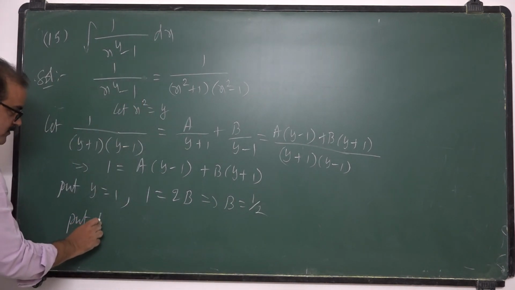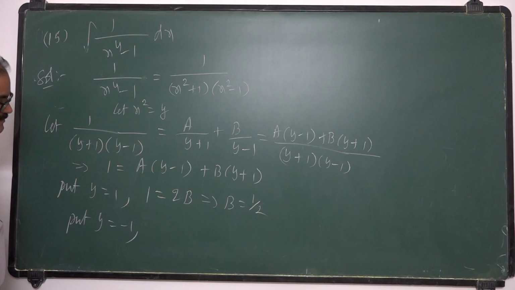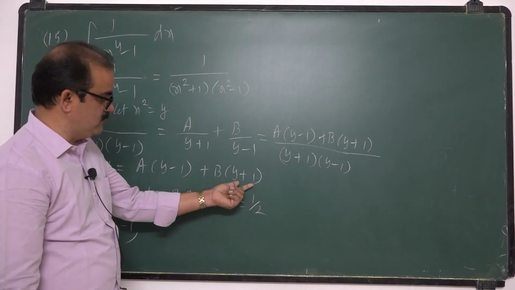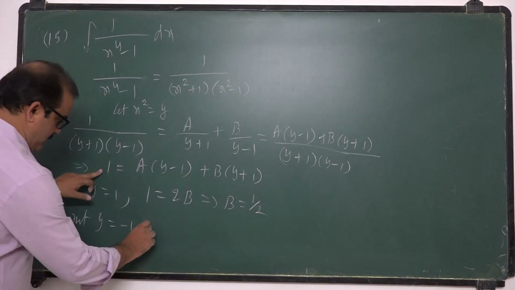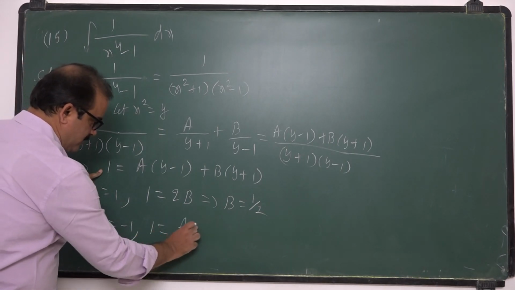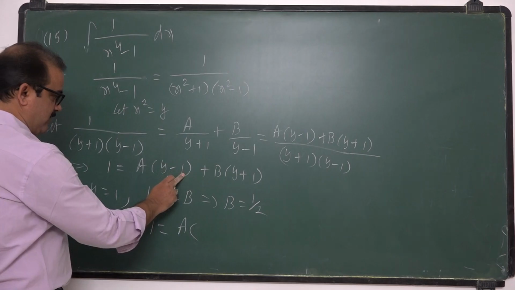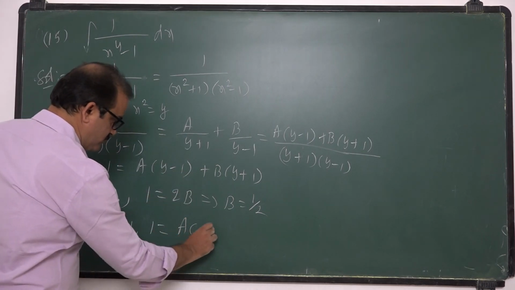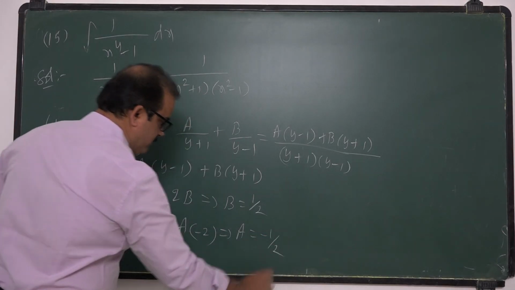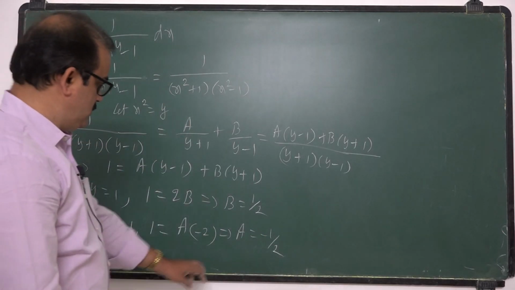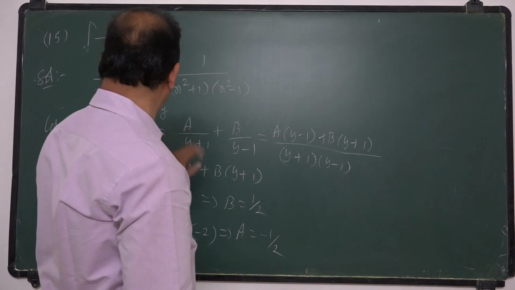Next, you put y is equal to minus 1. If you put y is equal to minus 1, this term becomes 0. 1 is equal to A into minus 1 minus 1, minus 2. So A is equal to minus 1 by 2. Substitute the A value and B value here.